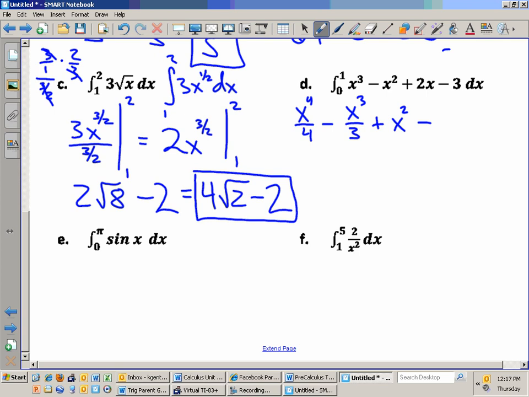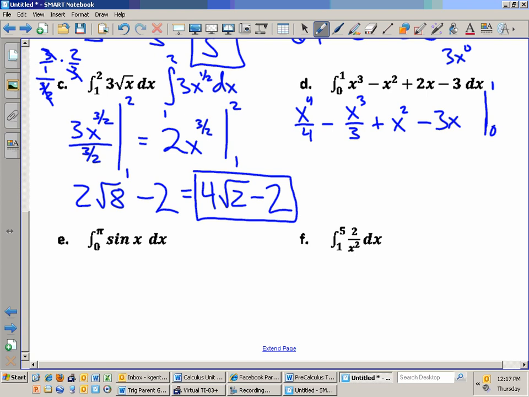Because this is currently 3x to the 0. And if you increase that 0 to the 1st power, then you would be x to the 1st over 1. So if you see a constant, you would just add an x onto it. So minus 3x. And we're going to evaluate that at 1 and 0 and subtract the results.